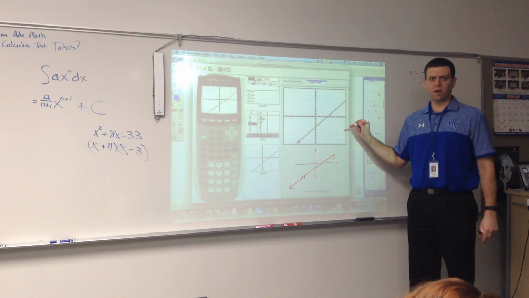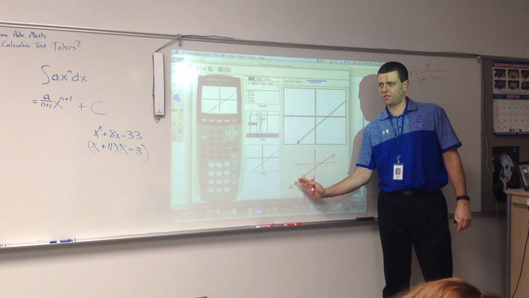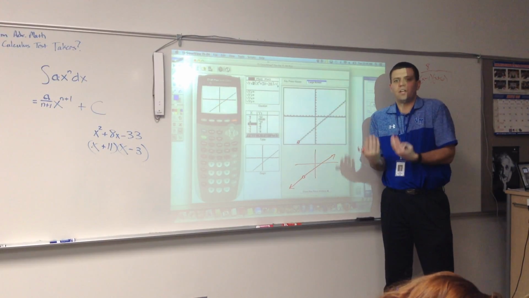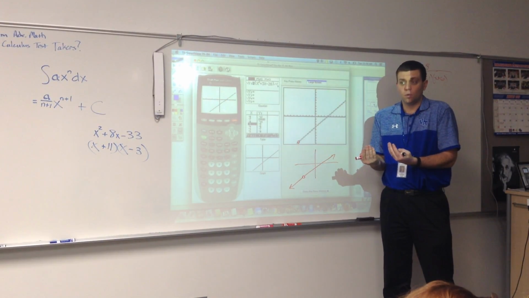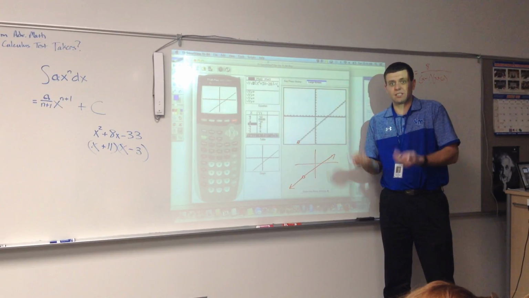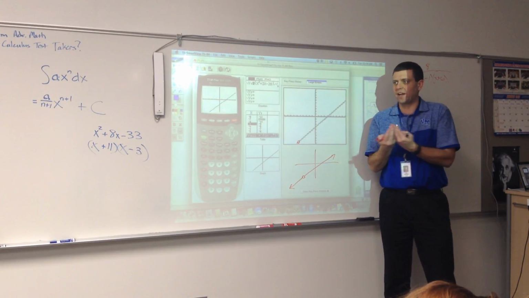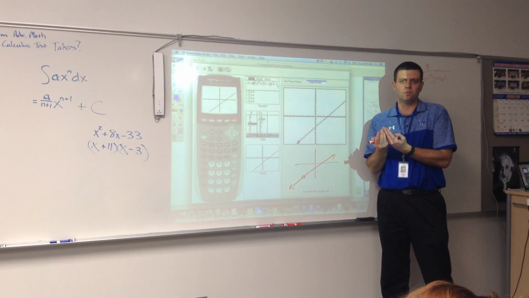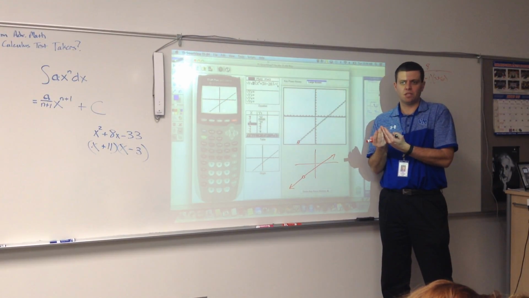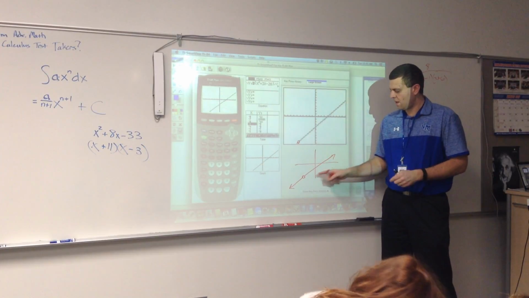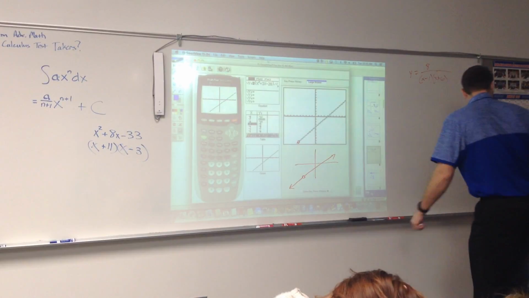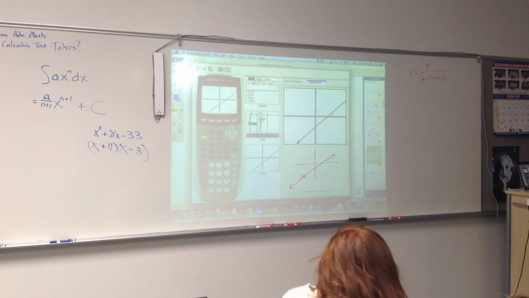There's a hole in it when x equals negative 7, because there is no y value there. If you plug in negative 7 for x, you get an error, undefined, because you cannot divide by 0. You with me on that? So in this case, there is going to be a hole at negative 7.